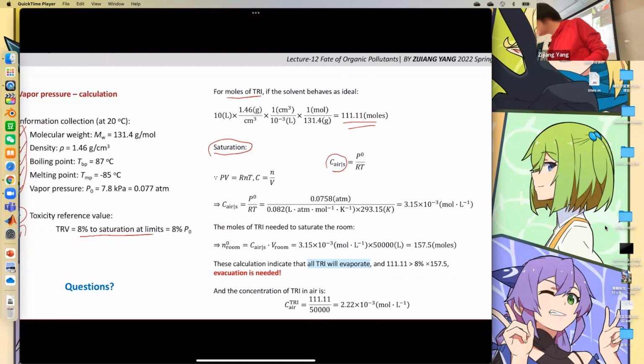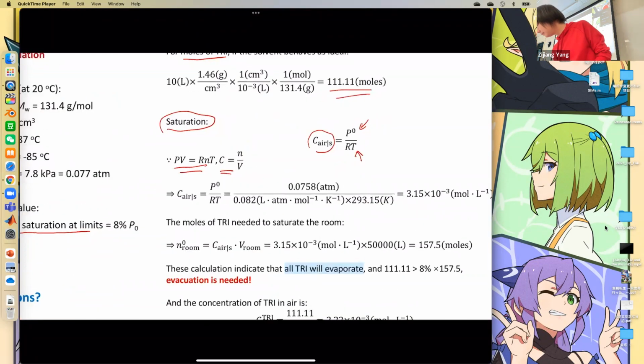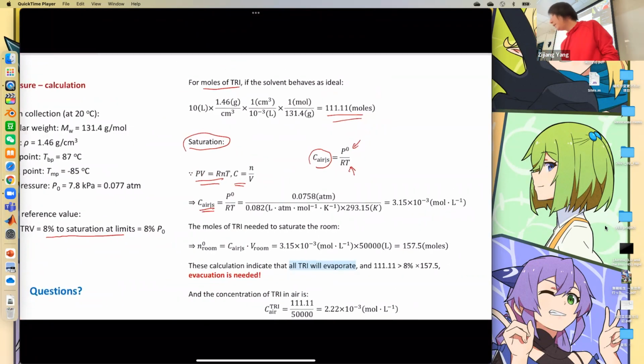We know that the concentration equals the vapor pressure divided by this value, and this comes from the ideal gas law, where concentration equals N divided by V. Then we can calculate the concentration of TRV in the air when it is at saturation. We plug the numbers into this equation and get this value. So this is the concentration of TRV if this room is saturated.